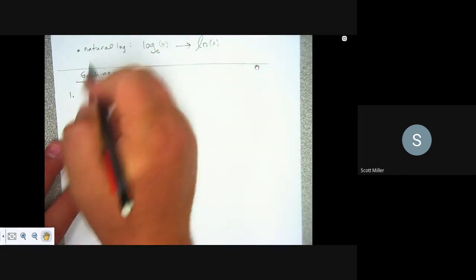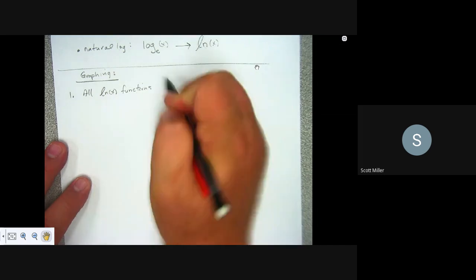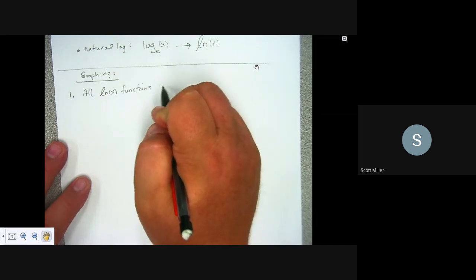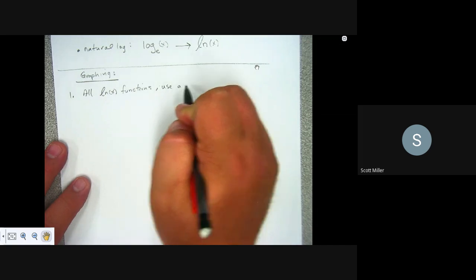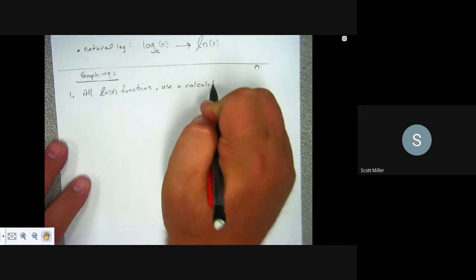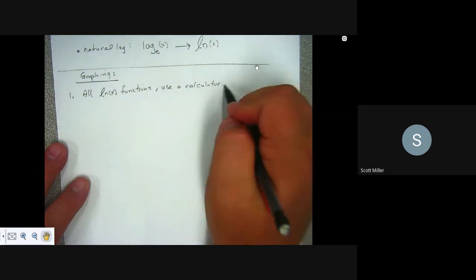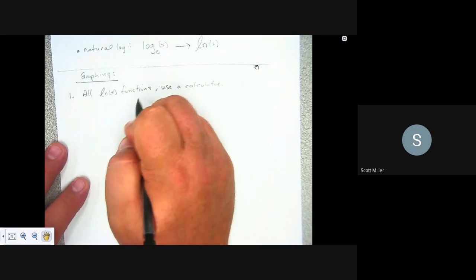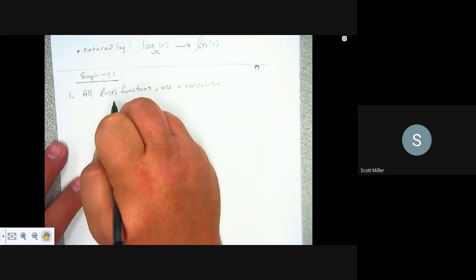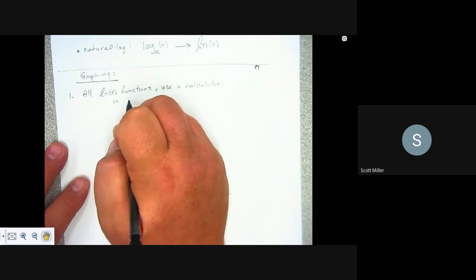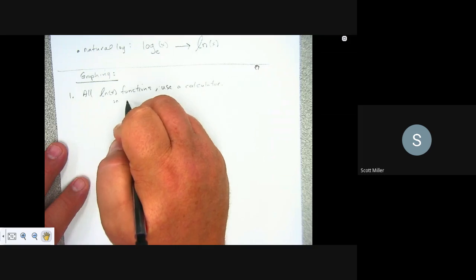First things first, for all natural log graphs, you're going to use a calculator on my table.